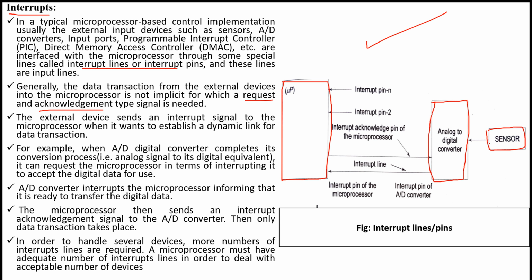Because this sensor output is analog, but the microprocessor accepts only digital signals. So to convert analog signal to digital signal, we require this analog to digital converter. And these all are interrupt pins.